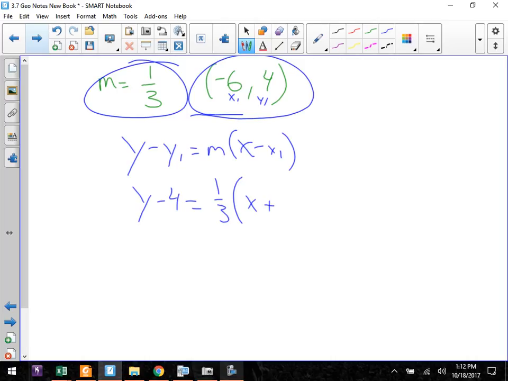Good. Now you have to solve for y. Now is when you distribute, and then 1/3 times 6 is plus 2. And then how do I move the negative 4?